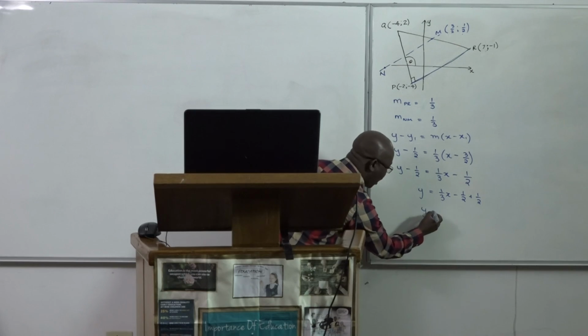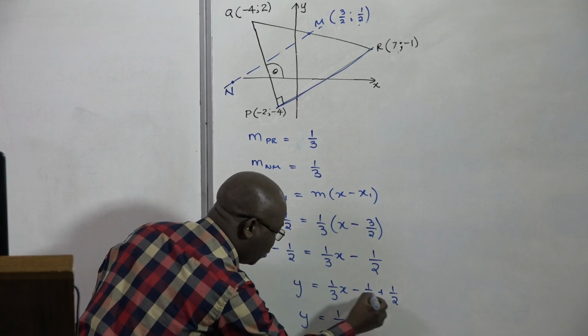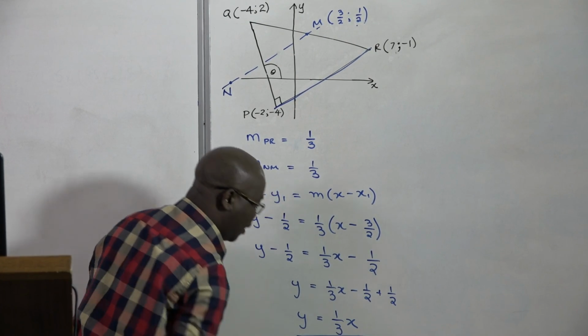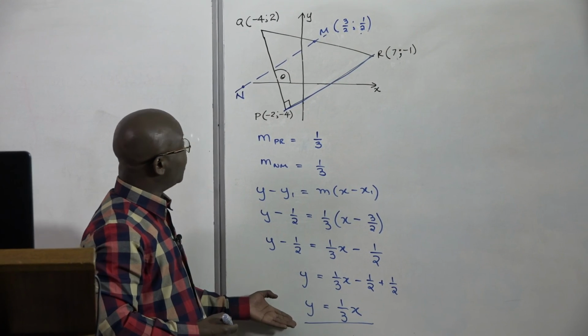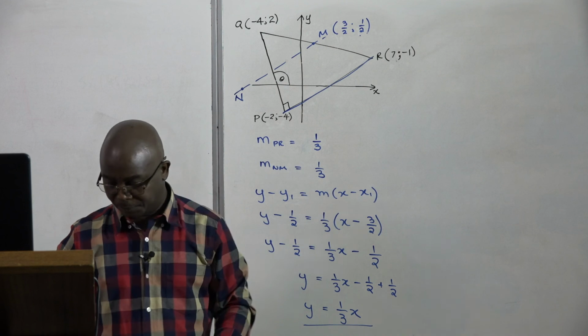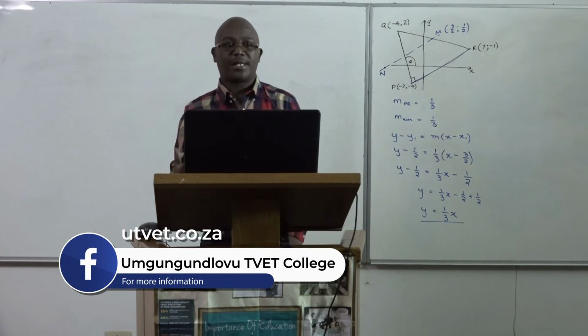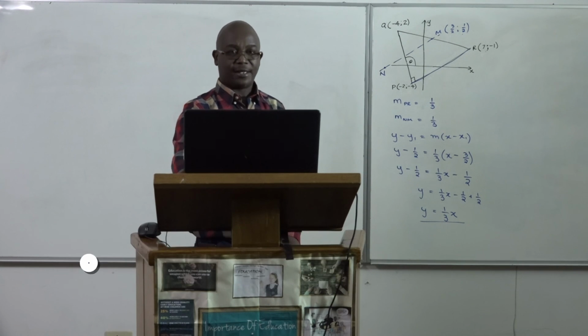These will cancel out, and that becomes the equation of the new line, which is y is equal to 1 over 3x. So this is how you would tackle a typical examination question, which deals with all the concepts that we have covered in this topic of shape, space, and measurement.